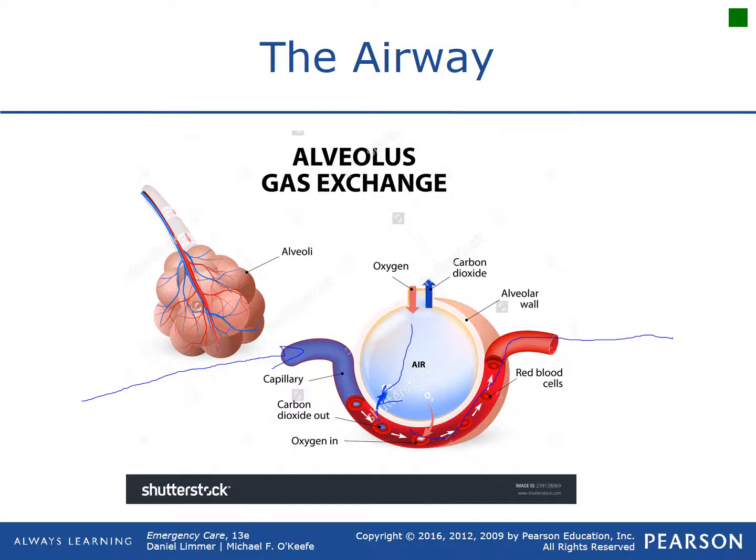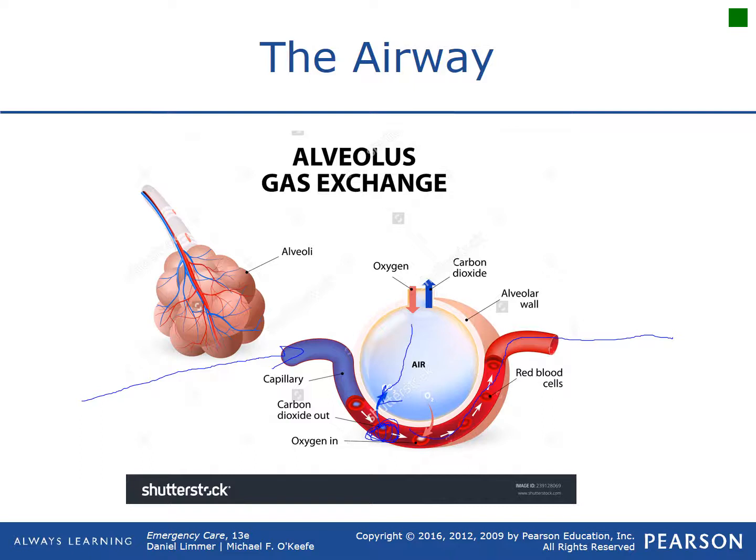So you can kind of think of this at the alveoli as more of a boat dock. That red blood cell is where the oxygen adheres to. Your red blood cells down here are where all your oxygen hooks onto, that's your boat. So oxygen comes in, waiting in line, CO2's on that boat.